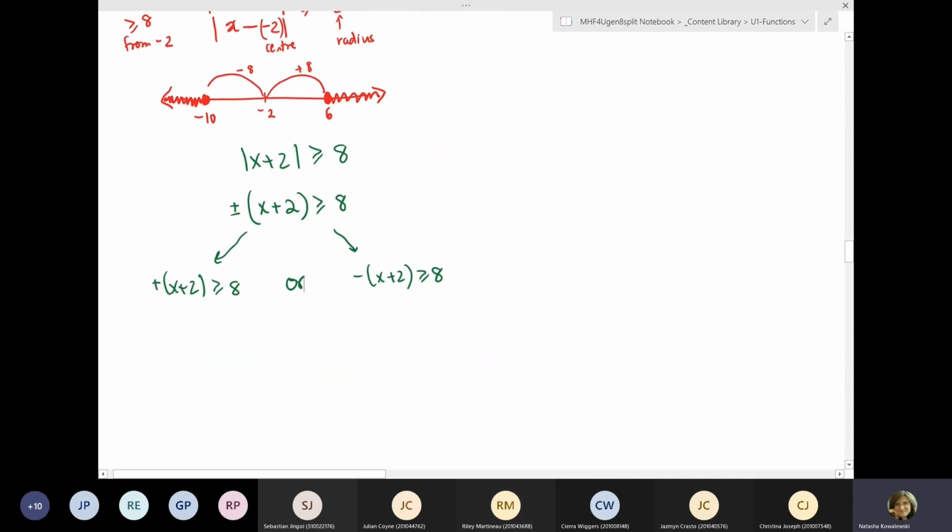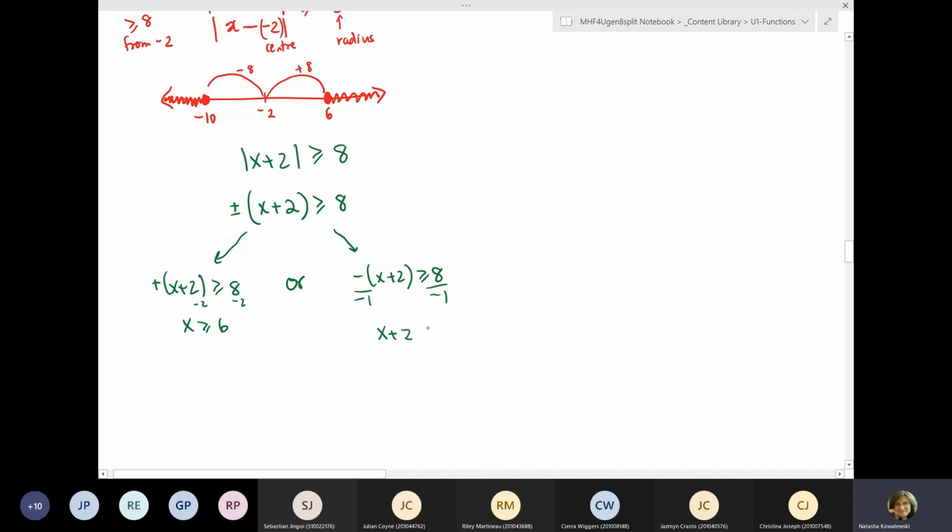Okay, so then you solve each one of these inequalities. So -2 from both sides. So you'll have x is greater than or equal to +6. That's exactly what we already shaded. Do you see this? And the word or means it's either one of those going to be shaded. On this side, I'm going to divide by negative first instead of distributing. I prefer that.